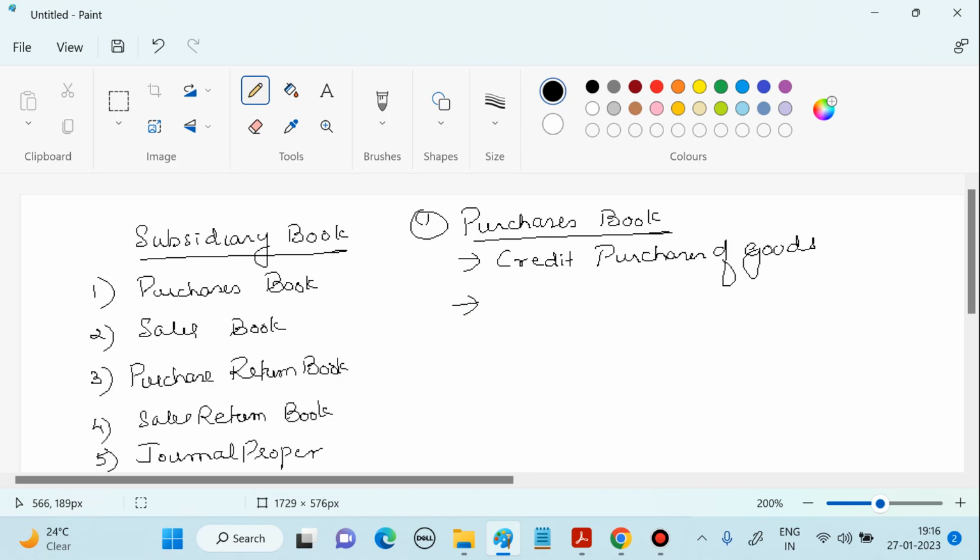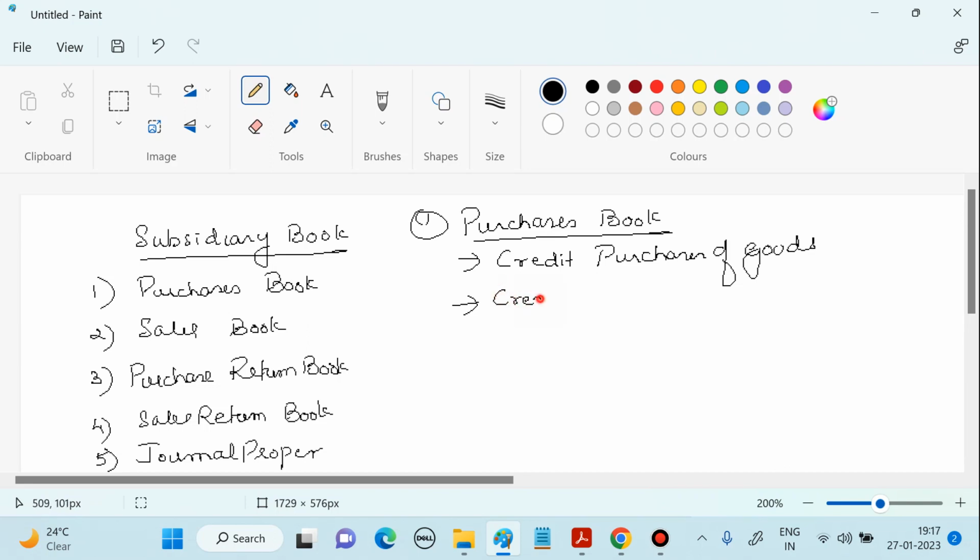If furniture is purchased on credit, will it be recorded in purchases book? It is purchase of asset, not goods, so it won't be recorded.